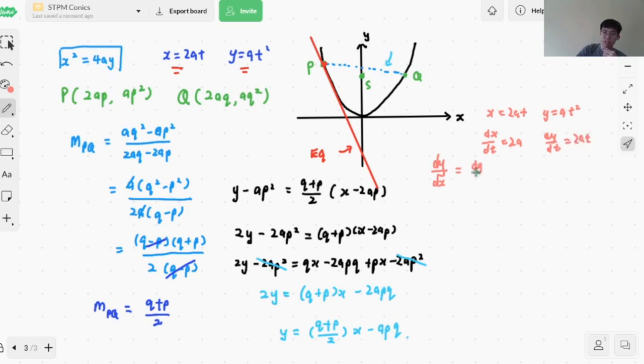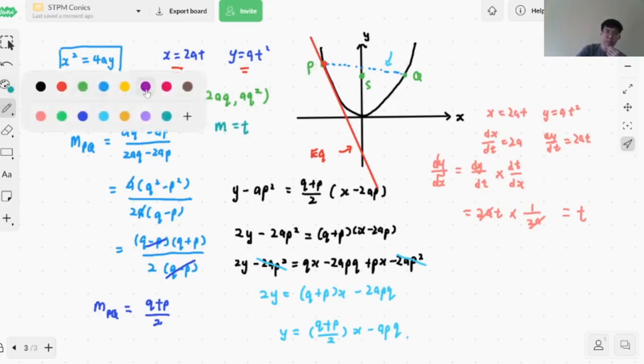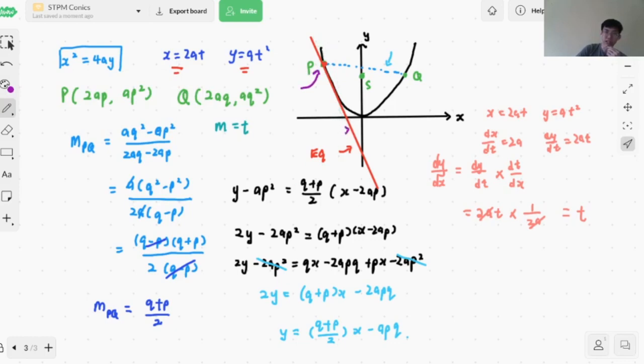So in order to get dy/dx, I need to apply the chain rule: dy/dt gives 2at, and dt/dx is 1 over 2a, where you cut away the 2a and are left with t. Meaning to say, the gradient of the tangent is t. So if I put the point P here, the gradient of the tangent at this point will give you the gradient at P, which is p.